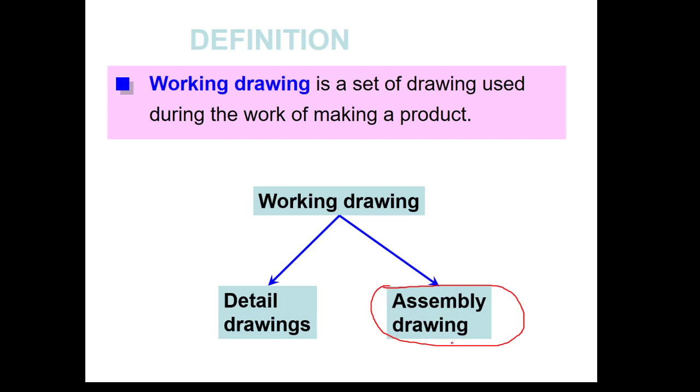But if the object were a main assembly, then for the main assembly, one assembly drawing. For each sub-assembly, correspondingly, assembly drawing sheets would be necessary. But here in our example, you see this word is singular because we have only one sub-assembly, so it is a technical drawing that can be fit to its views.